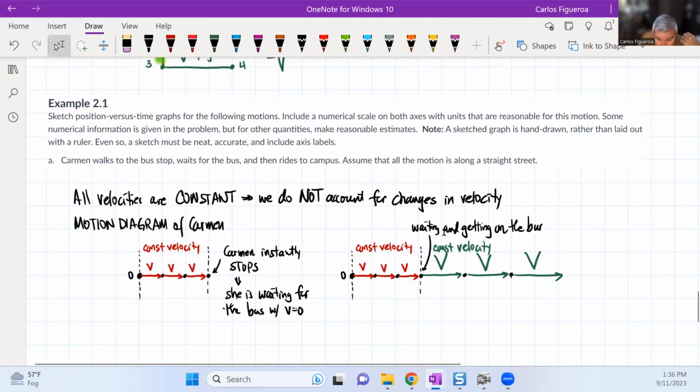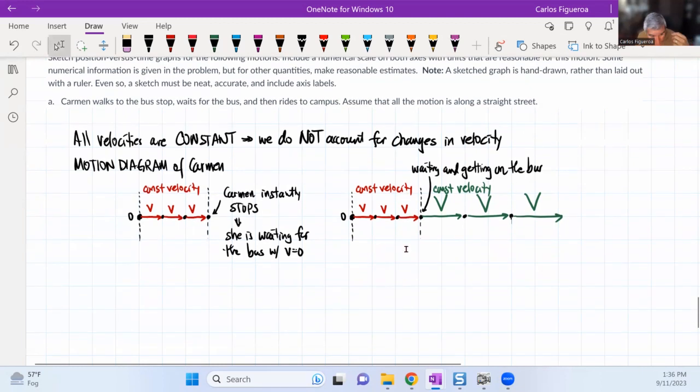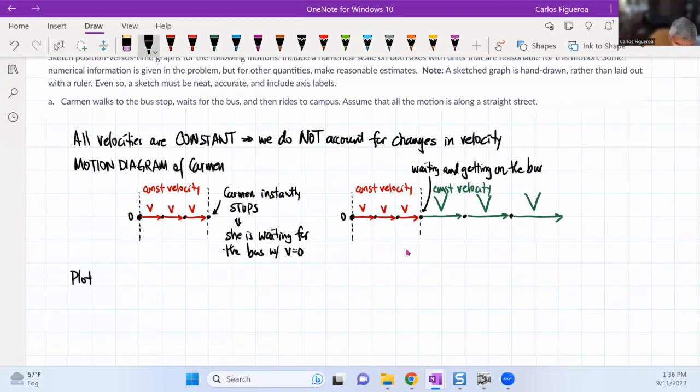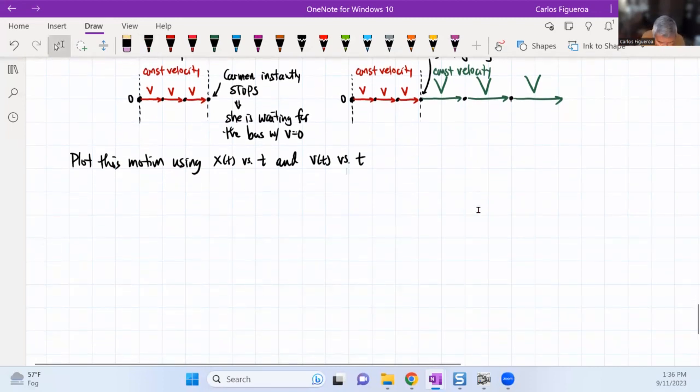Because there's an interval that talks about waiting. So here I go. So now let's plot this motion using position versus time and velocity versus time. So what I have a tendency to do is to draw two coordinate systems for position and velocity right on top of each other.